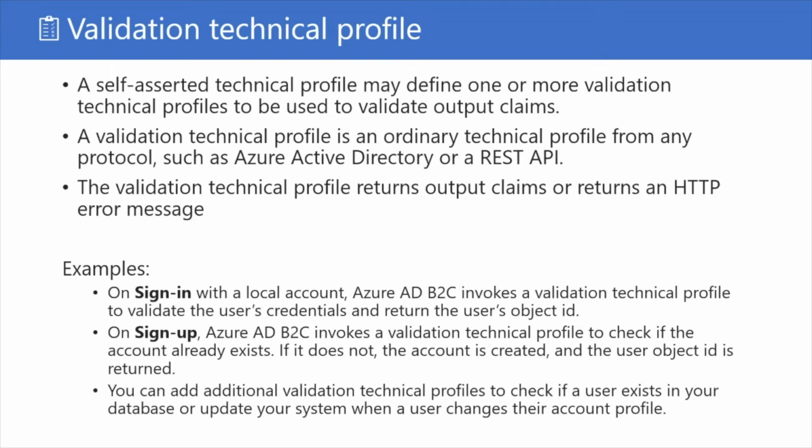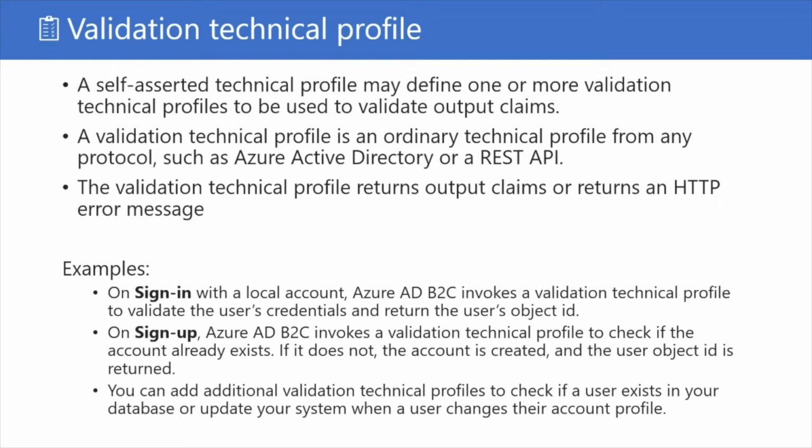Some examples of this kind of behavior: when you're signing in with a local account, Azure AD B2C will invoke a validation technical profile to contact the OpenID Connect endpoint, validate the user's credentials and return the user's object ID.